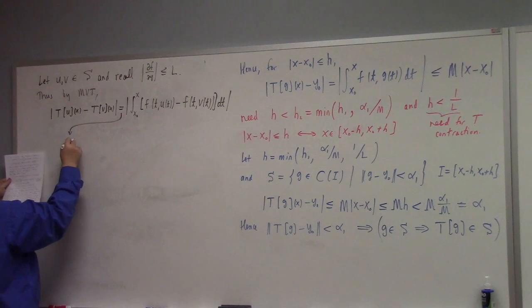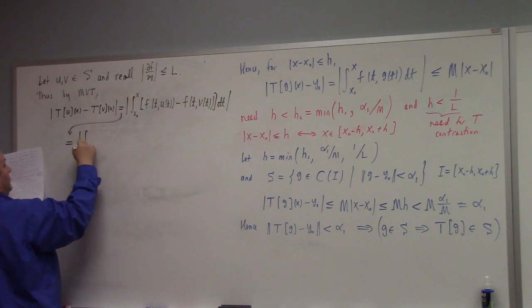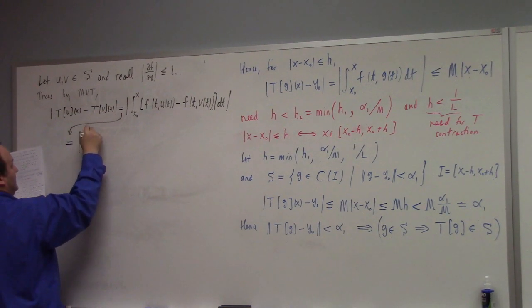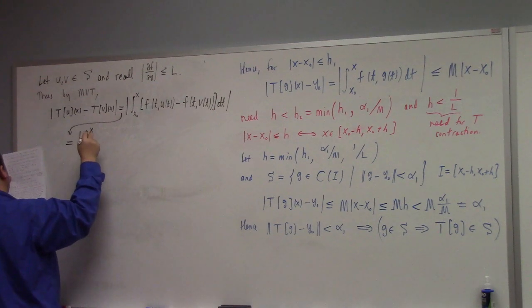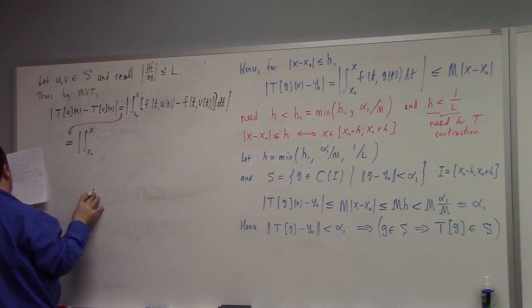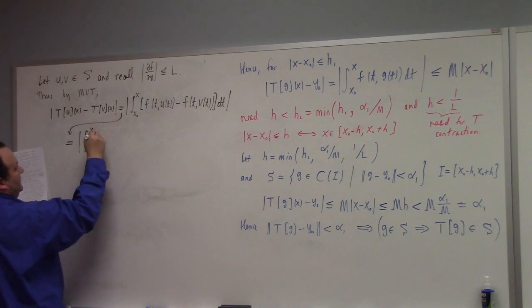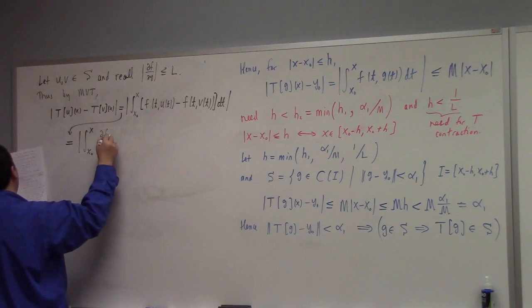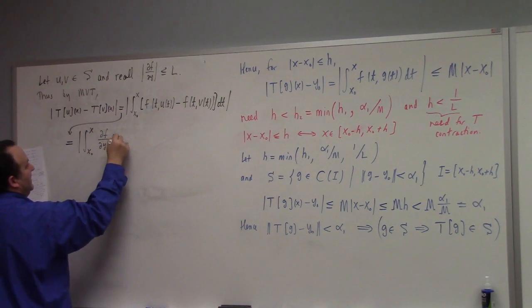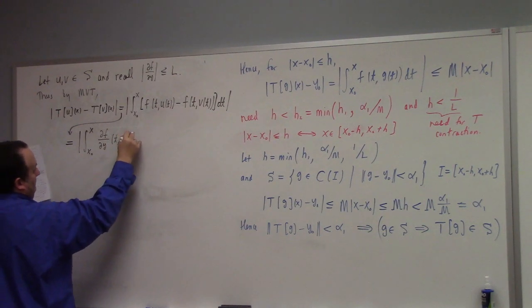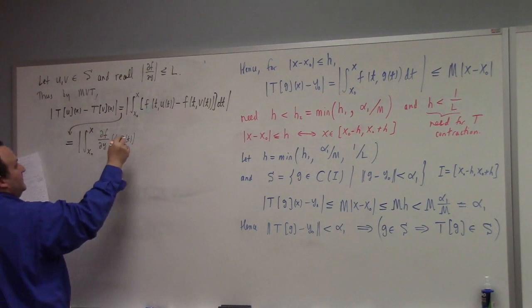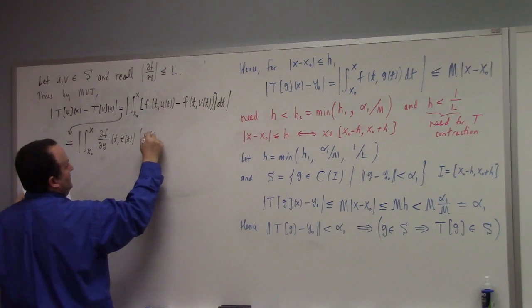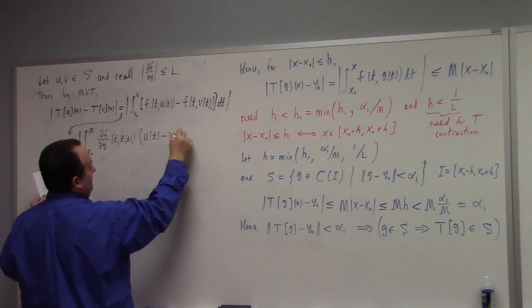equal to the absolute value of the integral from x naught to x of partial f, partial y, evaluated at t comma z of t times the difference u of t minus v of t.